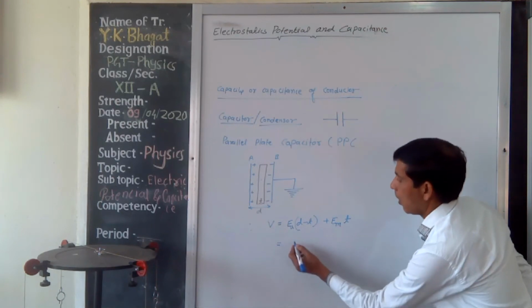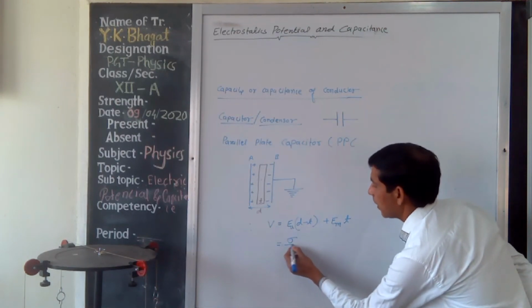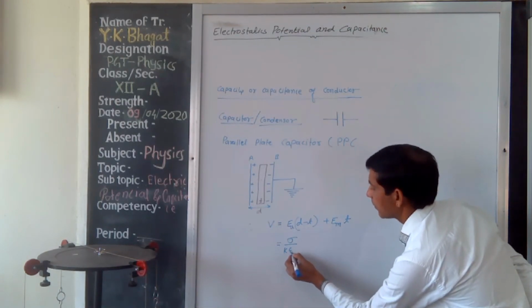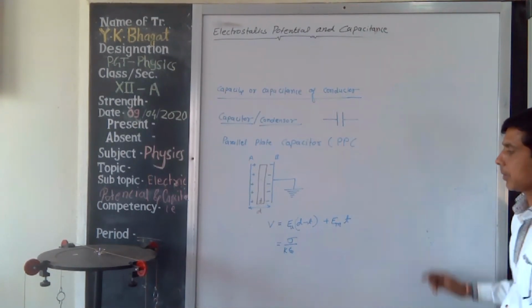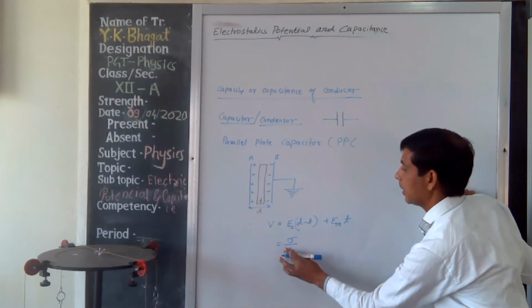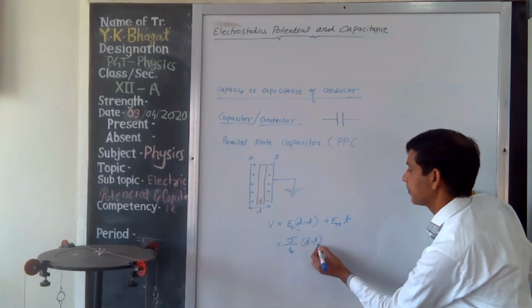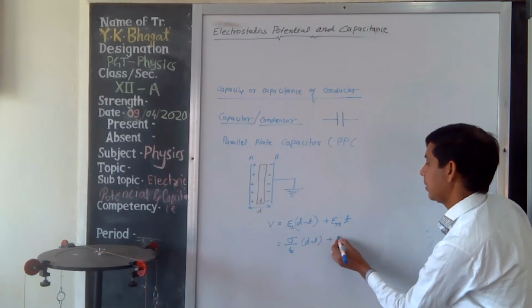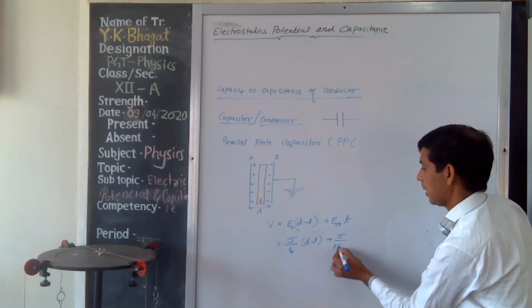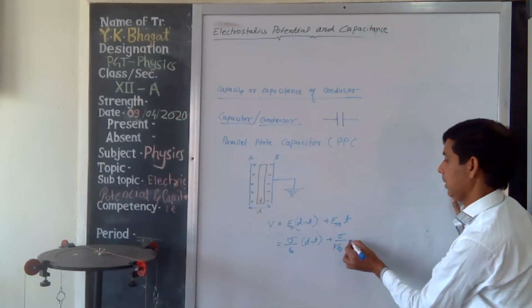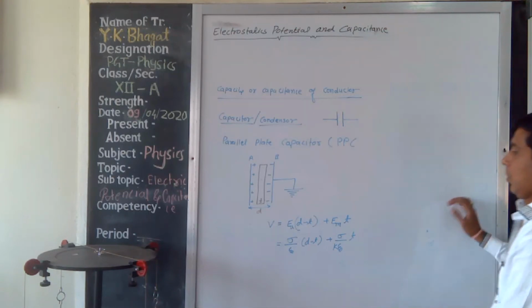Now E can be written as sigma upon K epsilon naught. But in case of air K equal to 1, so it will be D minus T. Here sigma upon K epsilon naught, K is the dielectric constant, into T.